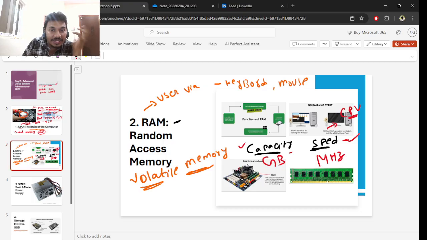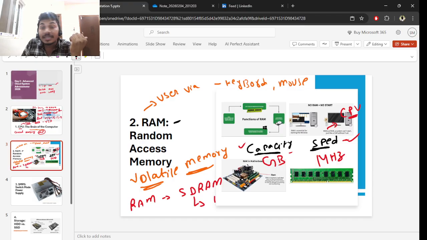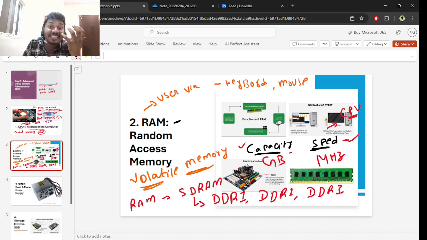And over time RAM has evolved from SDRAM to DDR1, DDR2, DDR3. What is this DDR3? These are the RAM generations.